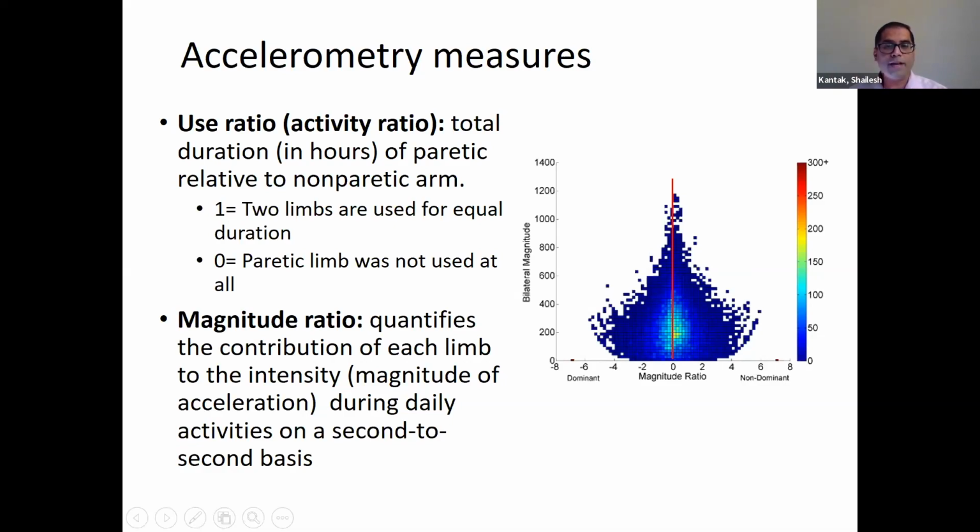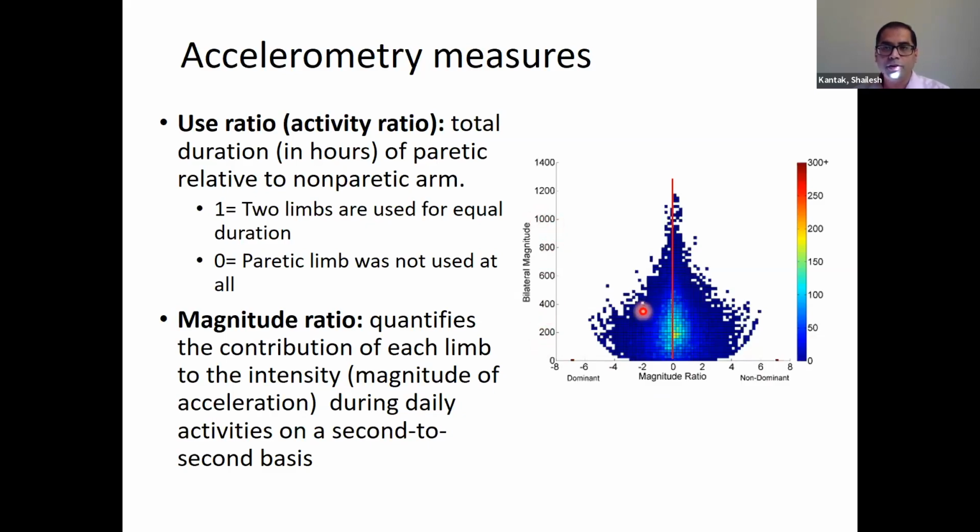That is the amount of use, if you will. We also quantify the magnitude ratio, which quantifies the contribution in terms of the magnitude of acceleration of each limb. We also plot density plots as shown here, where the x-axis indicates the contribution of each limb to the activity, and the y-axis shows the magnitude of movement.